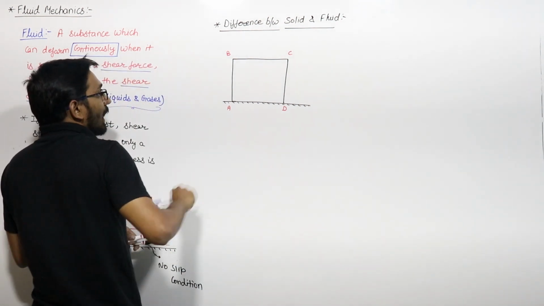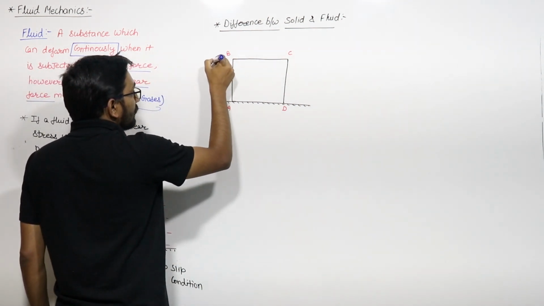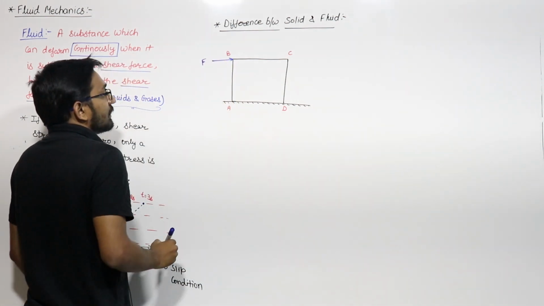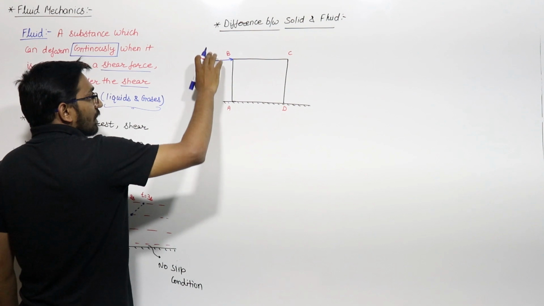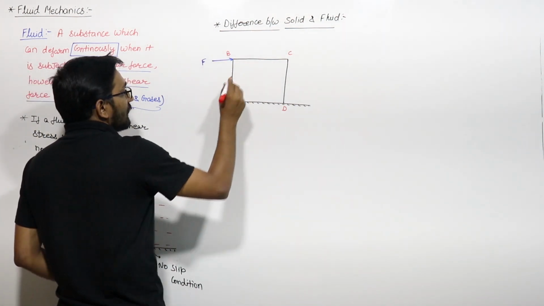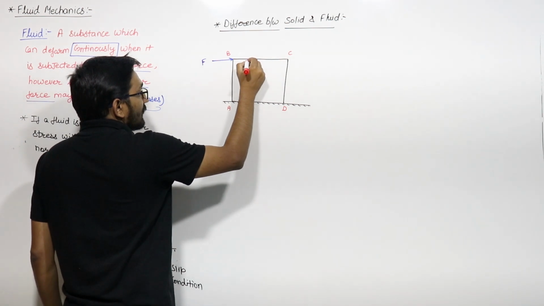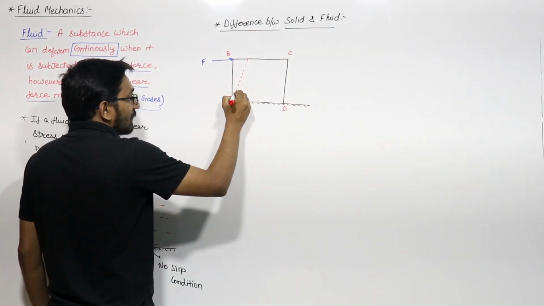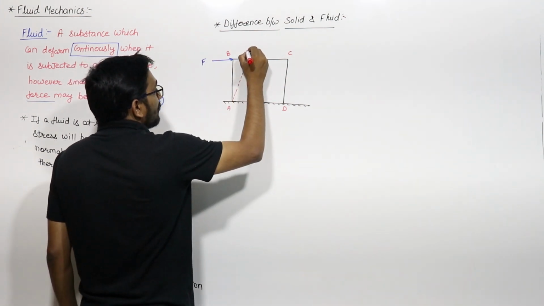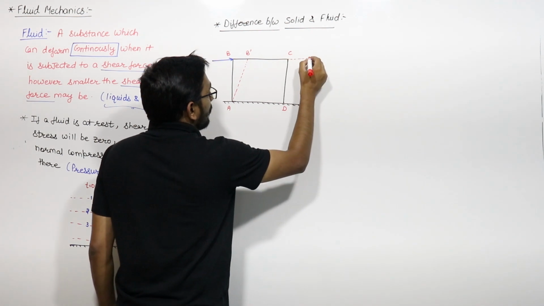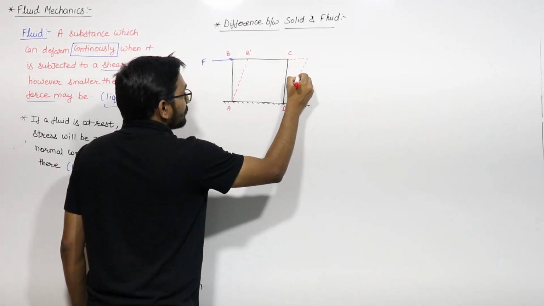Now if you apply a shear force on this solid, then because of the action of this shear force, this solid will deform. Let us say this line AB will deform like this. This is point B dash, and C will come to this point, let us say C dash.